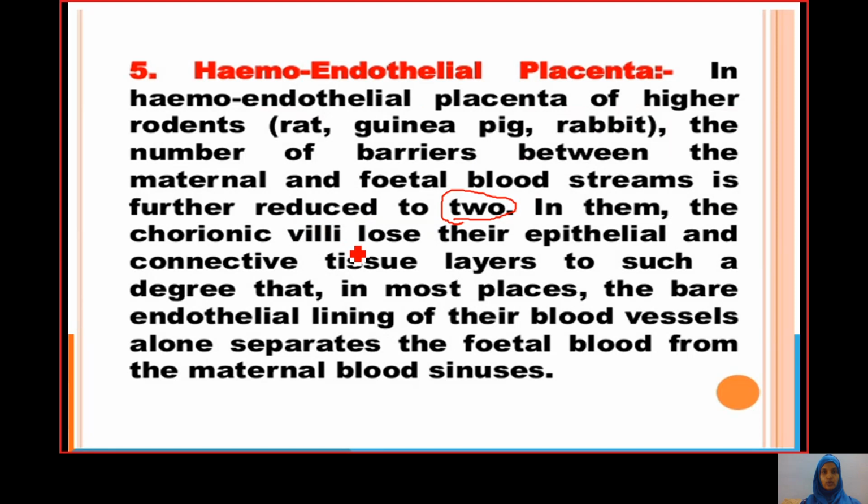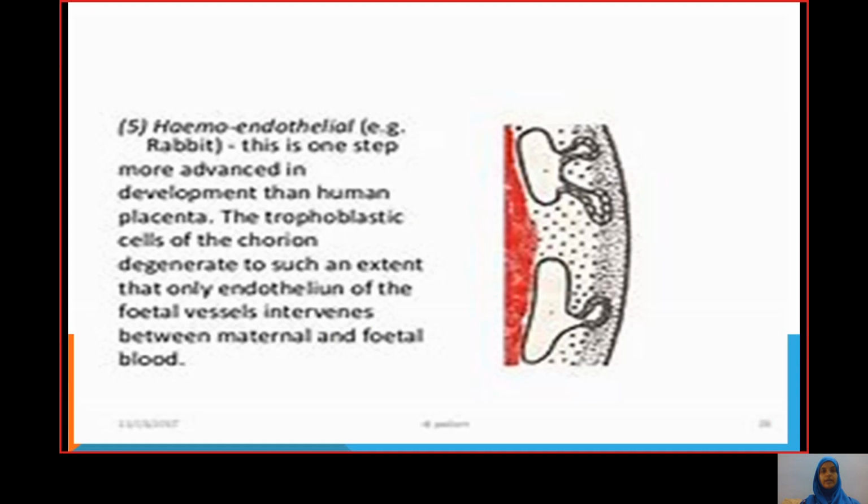In them, the chorionic villi lose their epithelial and connective tissue layers to such a degree that in most places only the bare endothelial lining, the blood vessels, is present. Blood vessels alone separate the fetal blood from the maternal blood. So there are only 2 barriers.